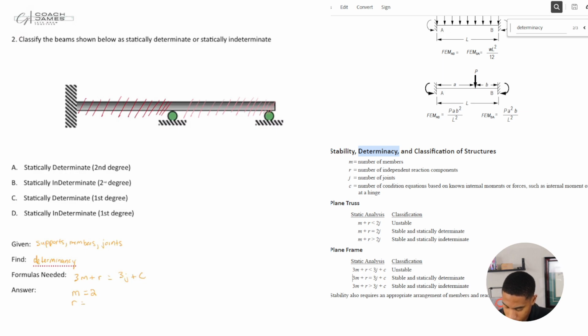Okay, so we have three at the fixed, one at the roller, one at the roller. So that is a total of 5 reactions. Okay. How many joints do we have? So to join this whole thing, I need to join it here. I need to join it here. I need to join it here. So I have 3 joints.